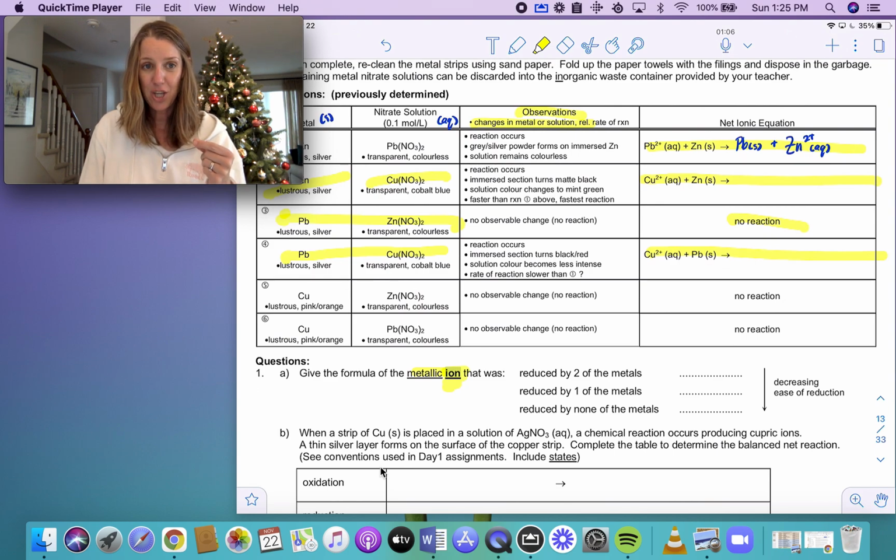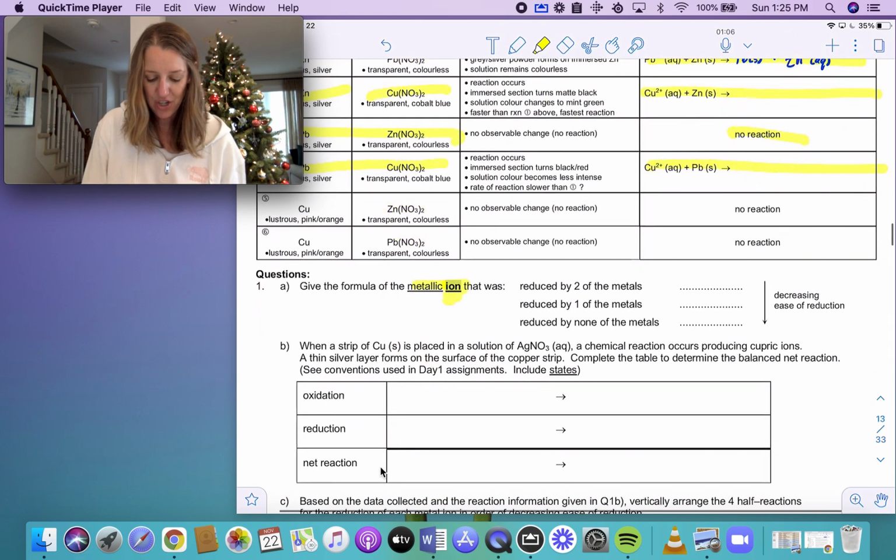Not asking you for the metal, it's asking you for the metallic ion because it's the ions that get reduced, okay? So you have to be very careful here when you're answering these questions. Is it telling you about the metals that get oxidized, or is it telling you about which ions get reduced? Okay, so you're comparing the ones you see in the table for question number 1.